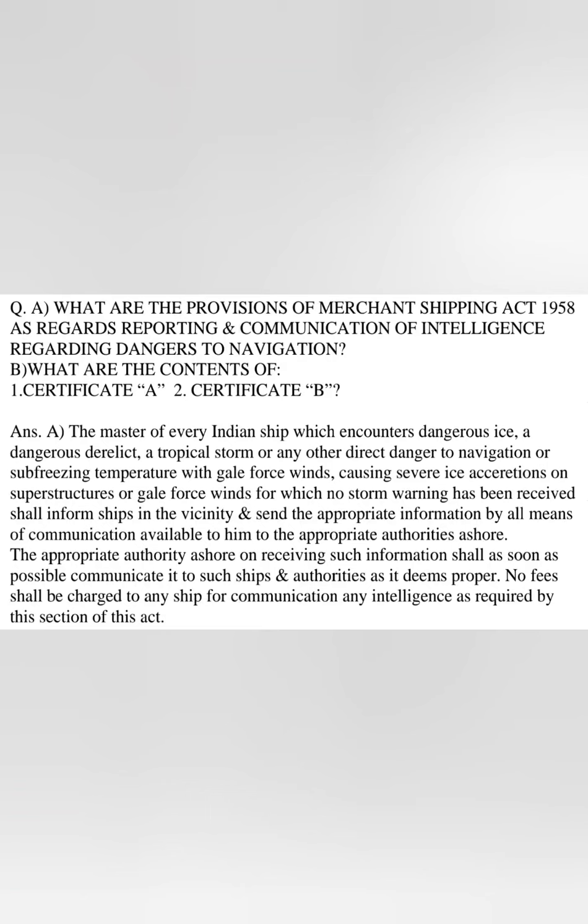The appropriate authority ashore, on receiving such information, shall as soon as possible communicate it to such ships and authorities as it deems proper. No fees shall be charged to any ship for communicating any intelligence as required by this section of this Act.